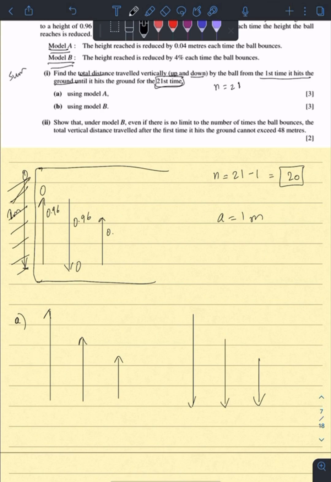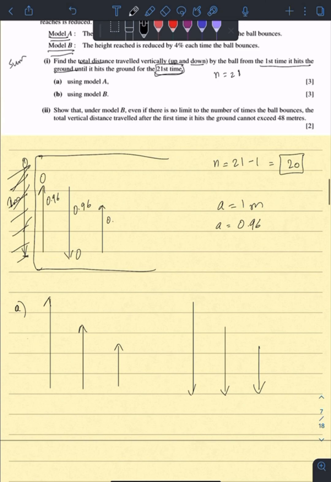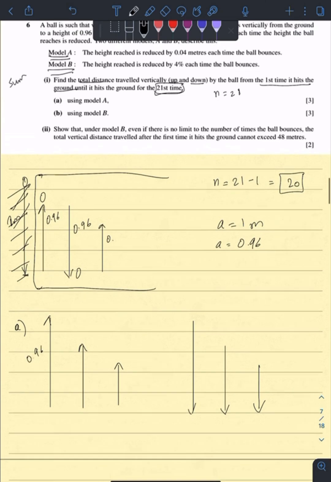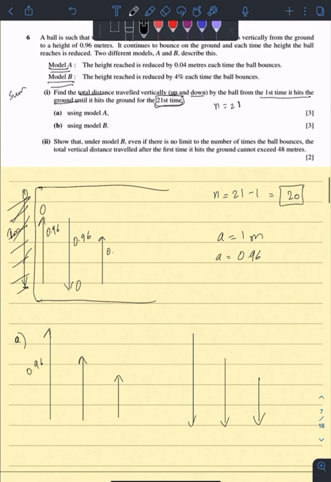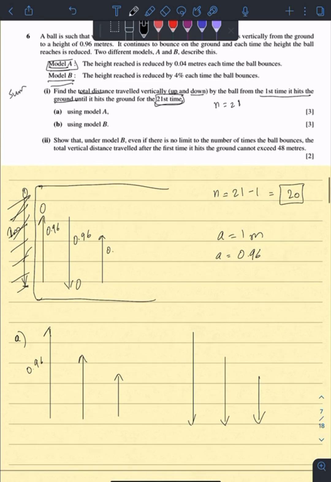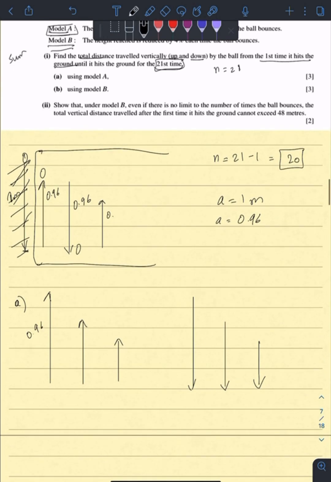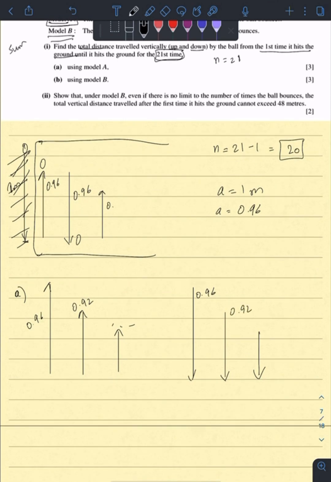Now that I've cut out this 1 meter, I have the first term as 0.96. Model A says that height is reduced by 0.04. So this should be 0.92 and this should continue. This should also be 0.96, because you saw here that it's going up and then down from the same height, right? So this should be 0.92 as well.